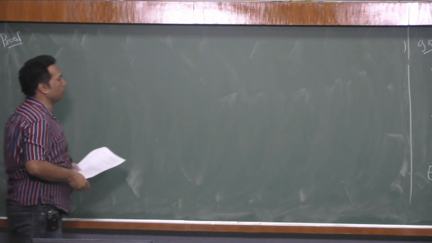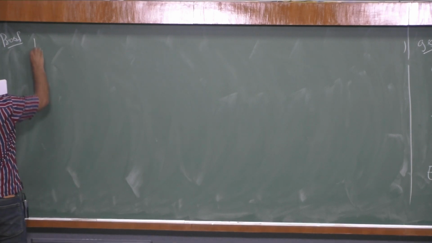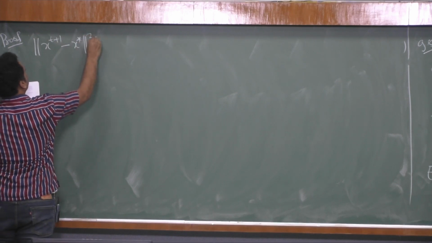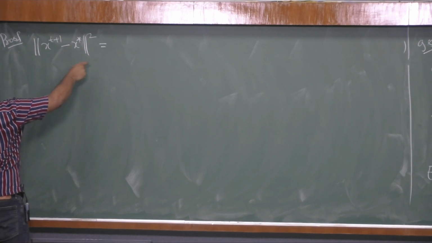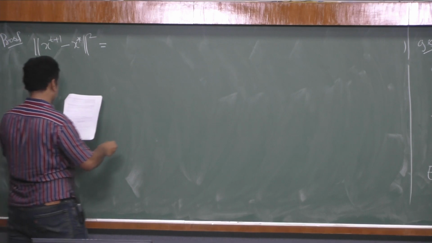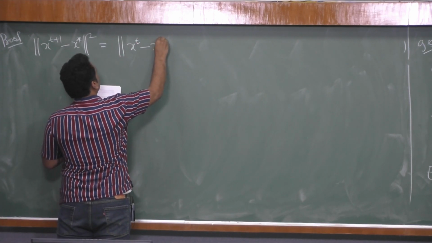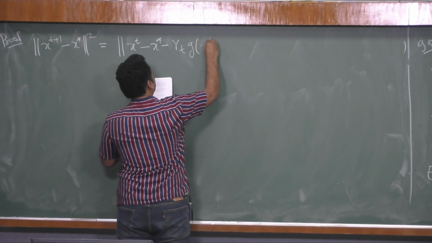What we will do is start from the norm of xt plus 1 minus x star, and expand it. xt plus 1 comes from the stochastic gradient descent, so we know what it is: xt minus gamma t g of xt, xi t. We substitute that here, so this is equal to the norm squared of xt minus x star minus gamma t g of xt, xi t.